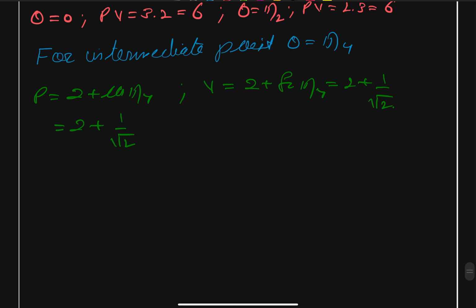Now if we find their product, that will be equal to (2 plus 1 by square root of 2) whole square, which is approximately 7.3, obviously not equal to 6.